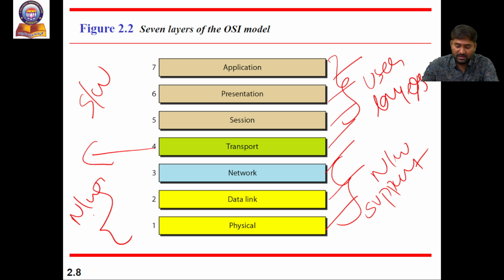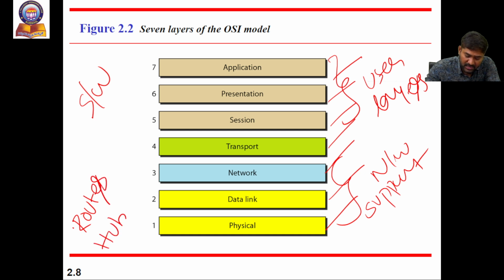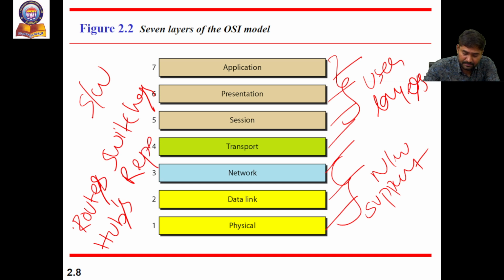Coming to the bottom three layers, this group we name the network support layers. Why? Because these three layers are a combination of network devices and software as well. The network devices are routers, hubs, switches, and repeaters.